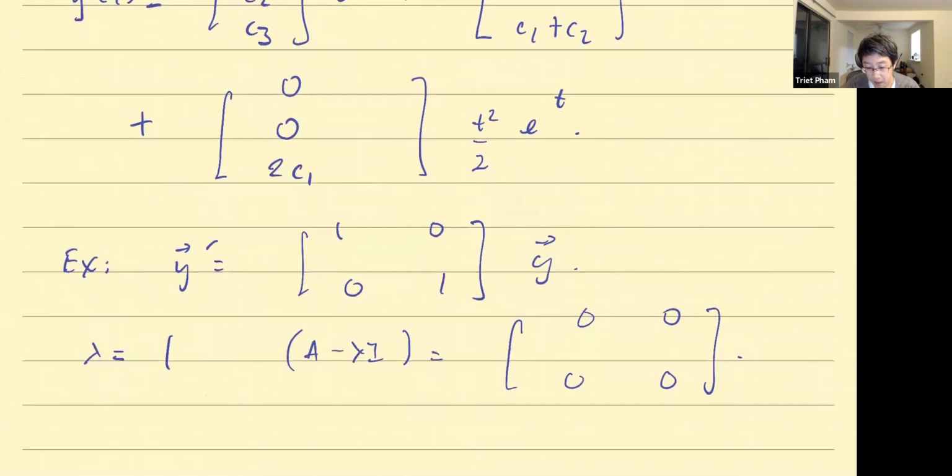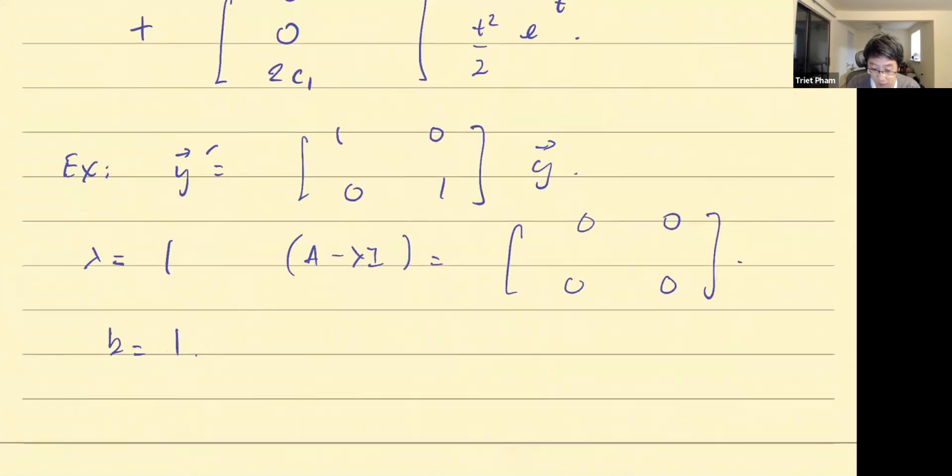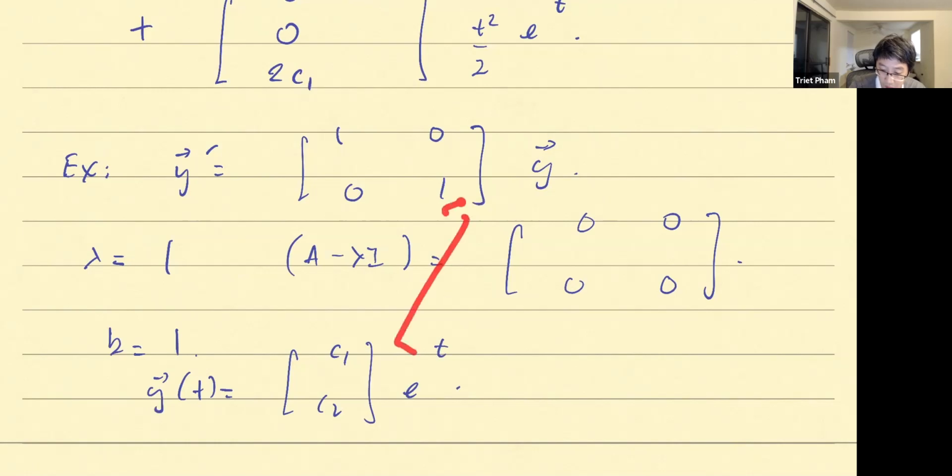What's K in this case? What's K in this case? Yep. So what's the solution? Arbitrary times e to the t. Isn't that the solution?